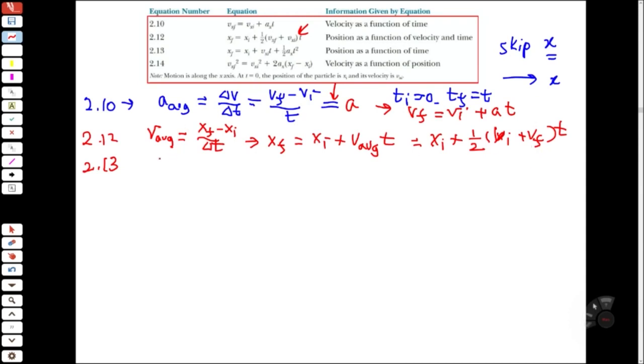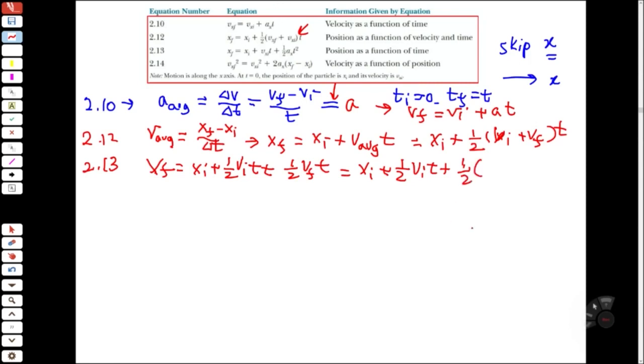So xf is equal to xi plus 1/2 (vi plus vf) t, and vf is vi plus at.